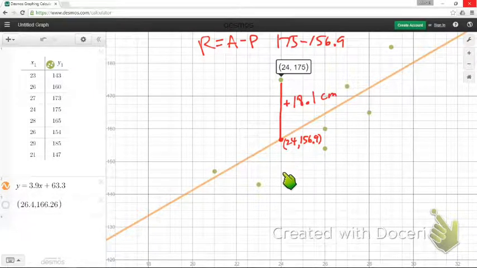I'm going to find 138, which is roughly about over here, and put a dot at around 138.8 or 139, right there. I'm going to draw that line and mark it negative 18.1, with units, centimeters.